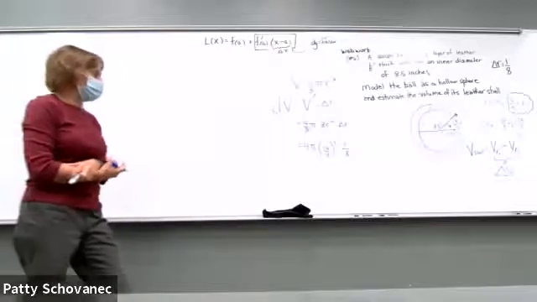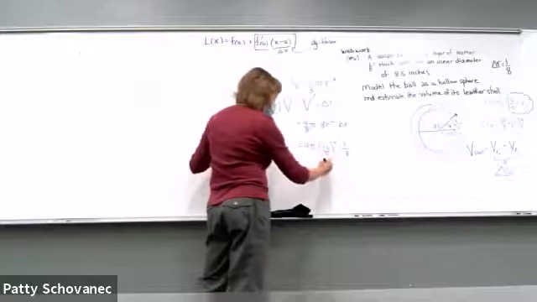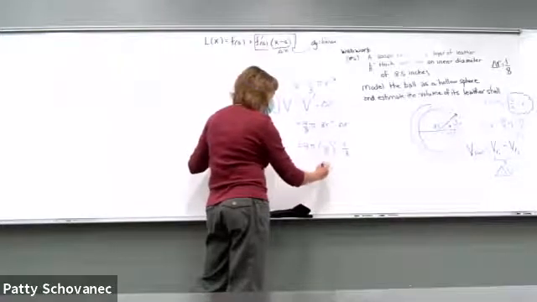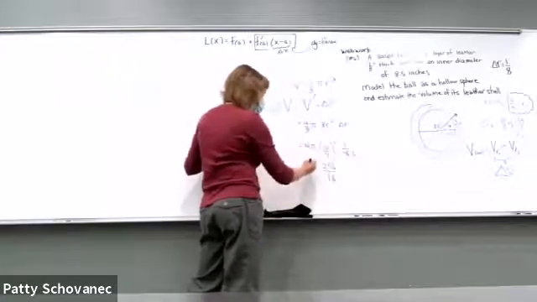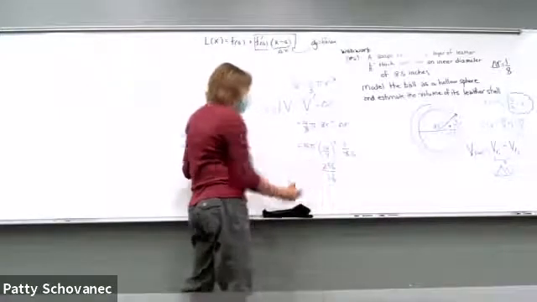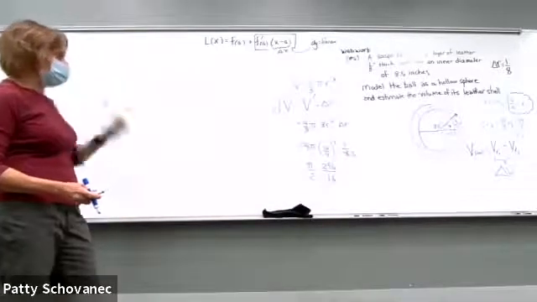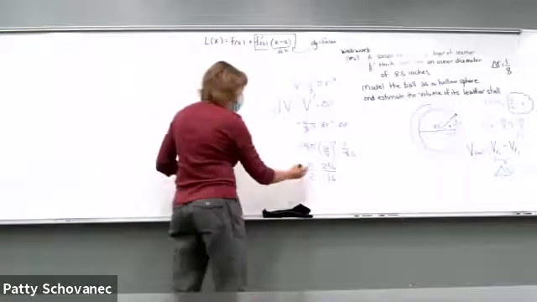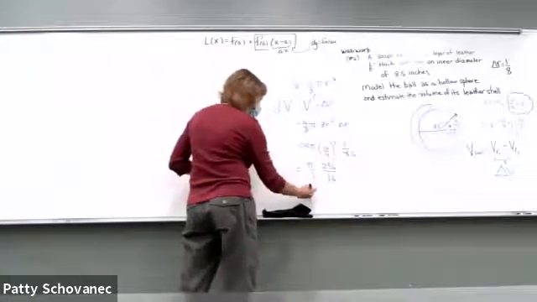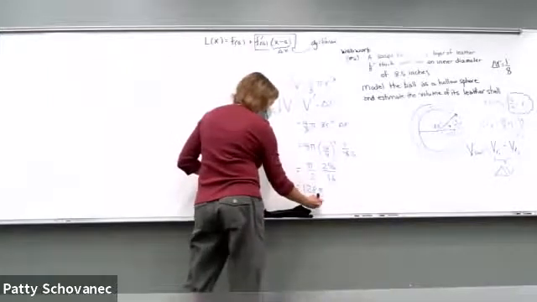We can simplify this a little bit. 16 squared is 256. 4 squared is 16. This 4 goes into that 8 twice. So I multiply that by pi halves. I can probably put the 2 into the 256 and get 128. 128 pi over 16.